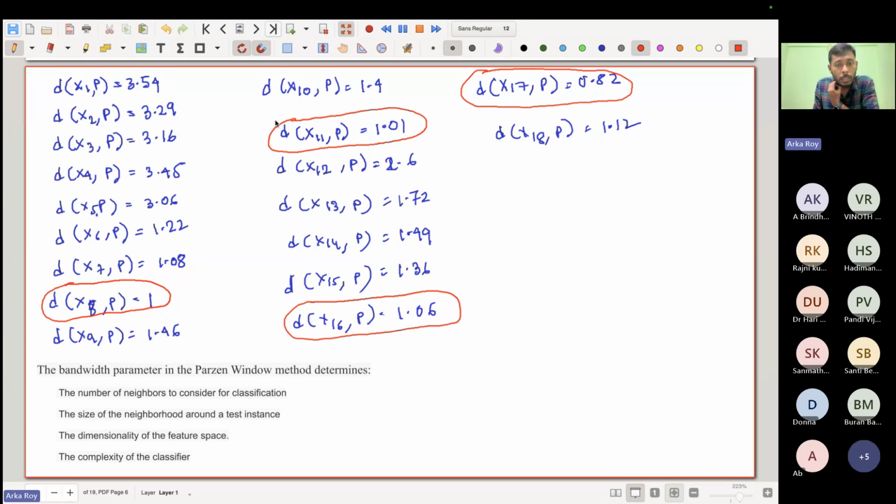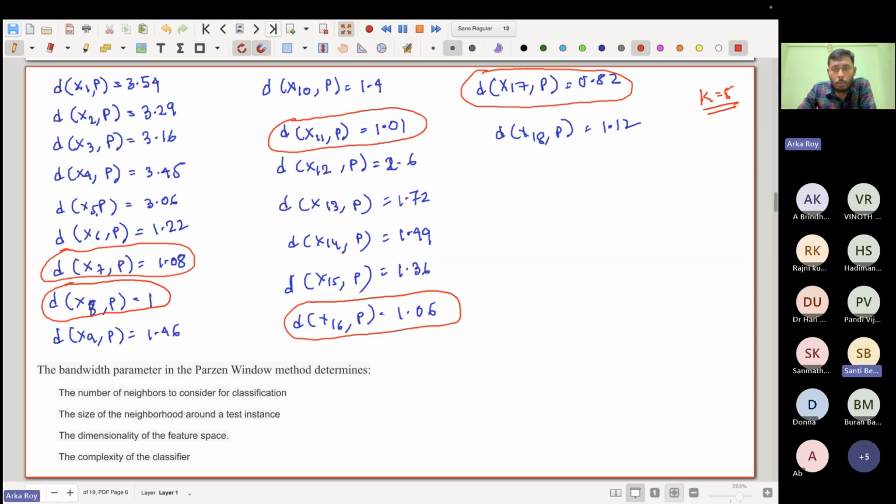Then the lowest value that I can see is x6, sorry, x7. So now we have got the 5. We had to take k equal to 5, so these are the 5 lowest distance values out of all the 18 distance values.